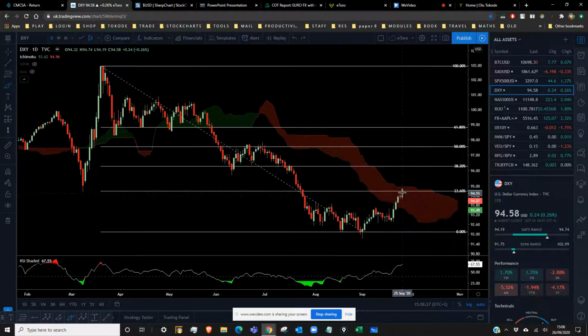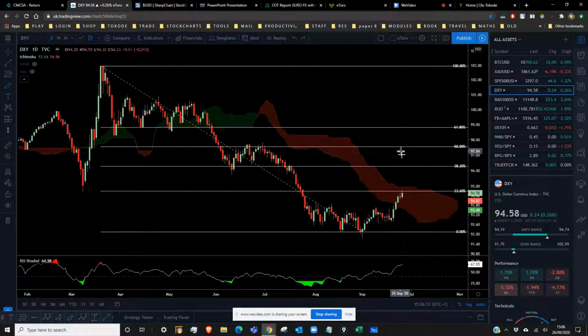Maybe we'll get to see something like this, pull back down and then back up and then back down and up. The next level is the 38% Fibonacci level, which coincides with this low back on the 10th of June. That was somewhere at 96.